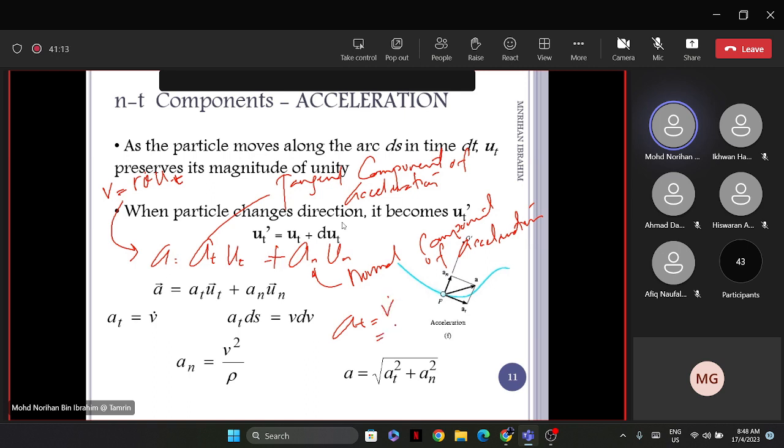At is equal to r alpha. Tangent acceleration is equal to radius multiplied with angular accelerations.